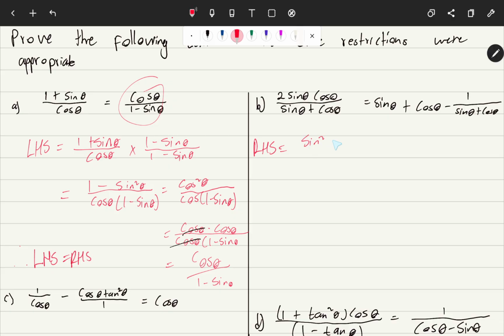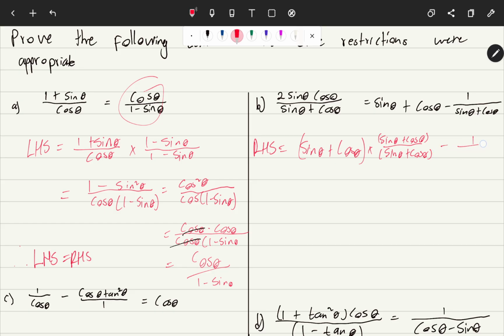So you'll say you have sin θ plus cos θ, and we will multiply it by sin θ plus cos θ. This is what we're doing.